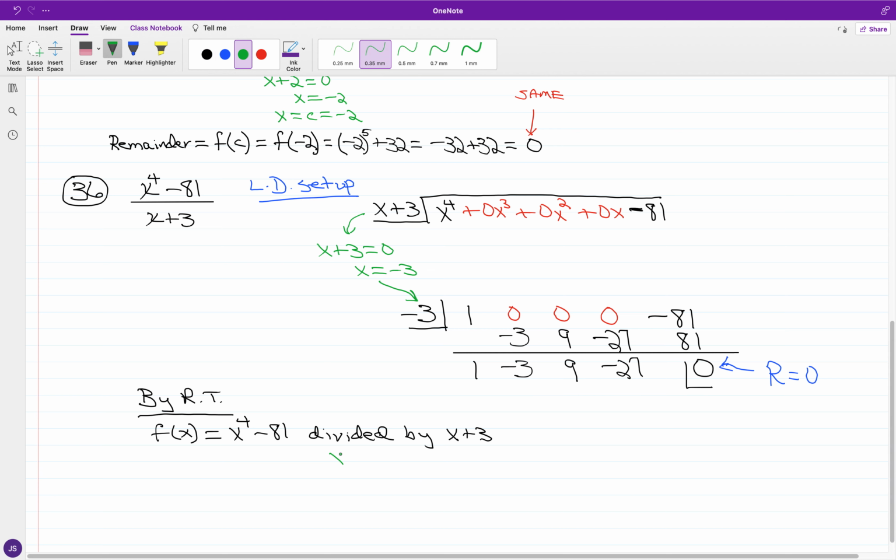And again, in the case of the remainder theorem, I'm going to take the 0 of x plus 3 again. So just like in the case of synthetic division, we have negative 3, in lieu of the binomial x plus 3.